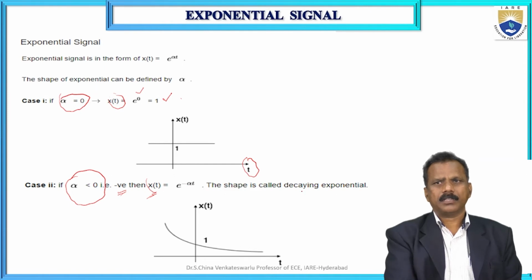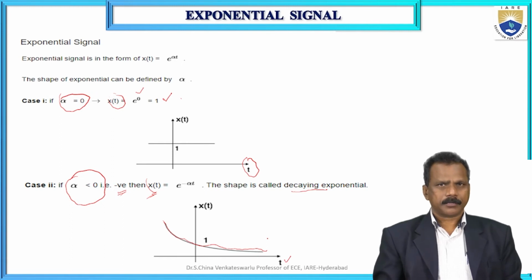The shape is called a decaying exponential, in terms of t versus x of t. It is decaying, shaped like this. This is the second condition, case 2.